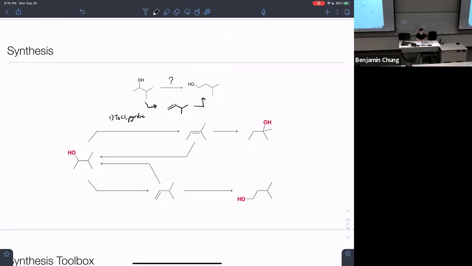Pyridine is just acting as a base. And then you can do your E2 reaction. So in this case, we are generating the Zaitsev product, so we can use a less hindered base for that.